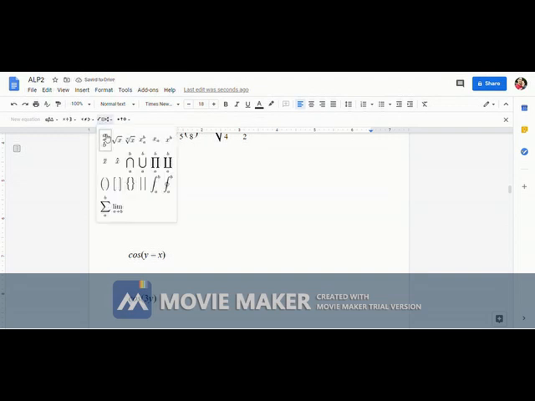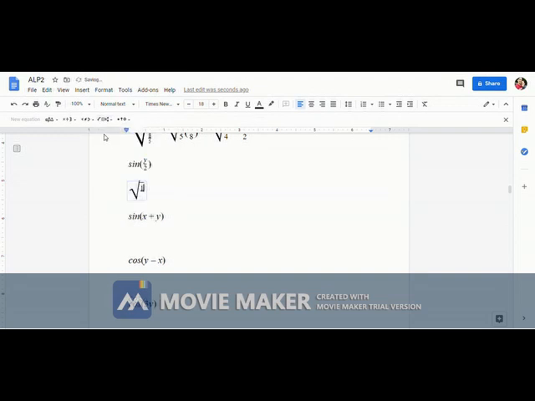Square root 1 minus cosine x over 2. We're going to make these larger. Then cosine x equals 3 over 5. Oh, excuse me, this is y, not x. Cosine y is 12 over 13.